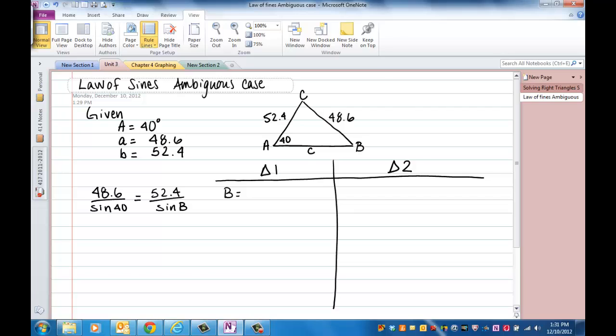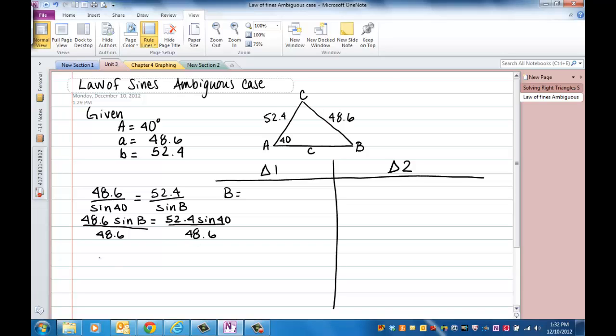Doing your cross multiplication, you get 48.6 times the sine of angle B equals 52.4 times the sine of 40. To get sine of B all by itself, you have to divide by 48.6.